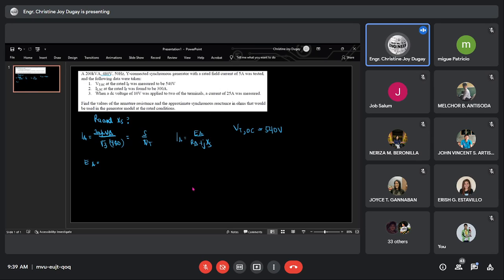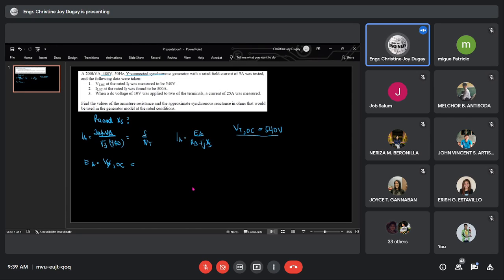Kung kukunin natin ngayon si EA, since ang EA natin ay equal sa V phase ng open circuit natin, that can be solved from the V terminal po natin which is 540. Since that is Y connected, ano ang gagawin natin? Equal po ba ang V terminal natin at V phase, or are we going to multiply or divide the voltage?